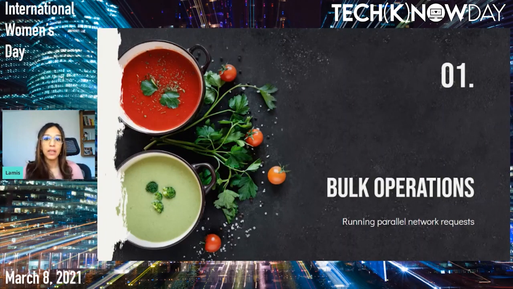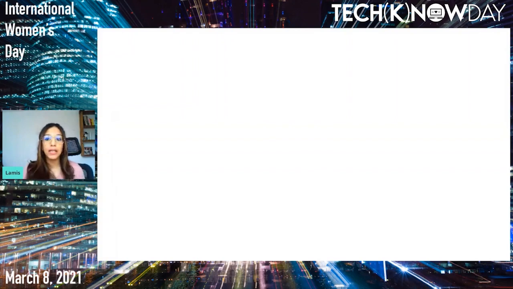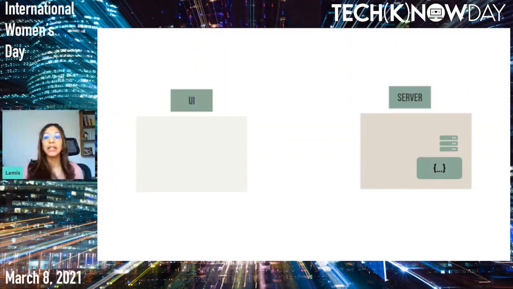I think that many developers have experienced this in their web applications. So this is the use case. I have my UI layer on the right and the server on the left, and the server contains an API that I will request through an HTTP request.